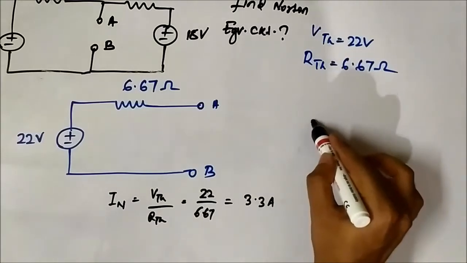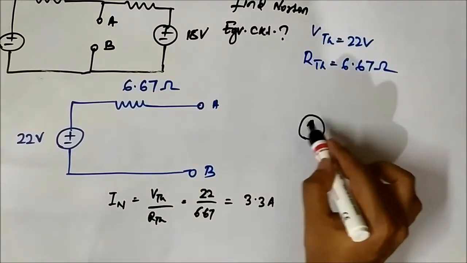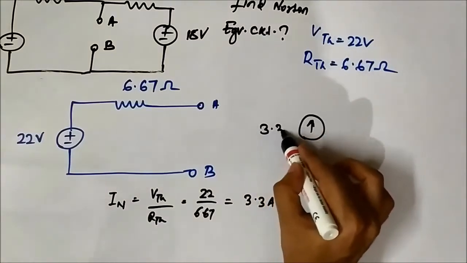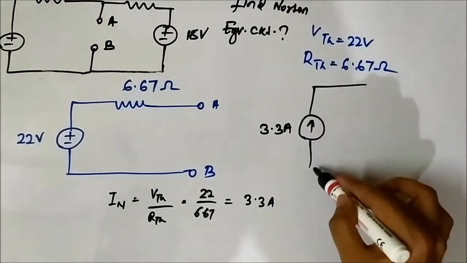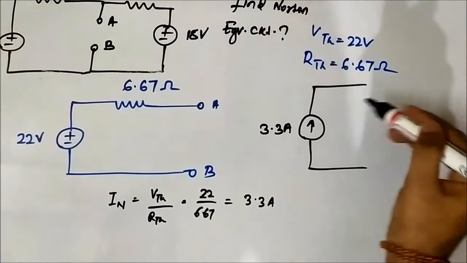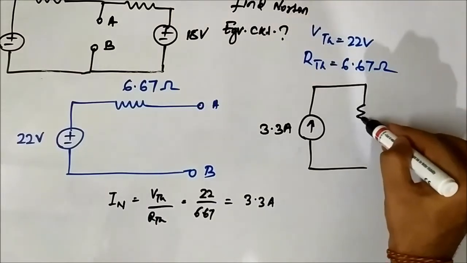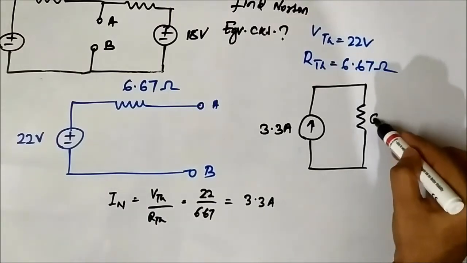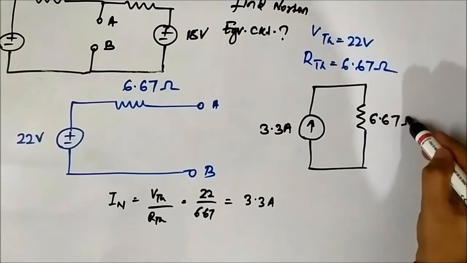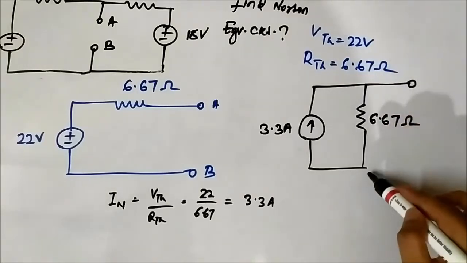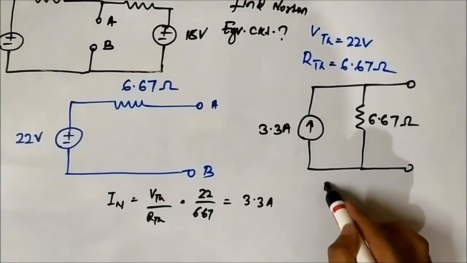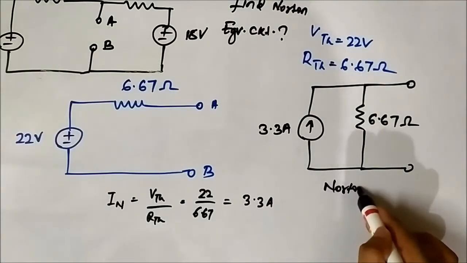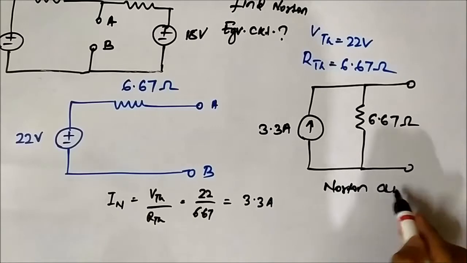So the Norton circuit will be 3.3 ampere and the same resistor connected in parallel, the equivalent resistance 6.67 ohm. So here we have got the Norton equivalent circuit from the Thevenin equivalent circuit.